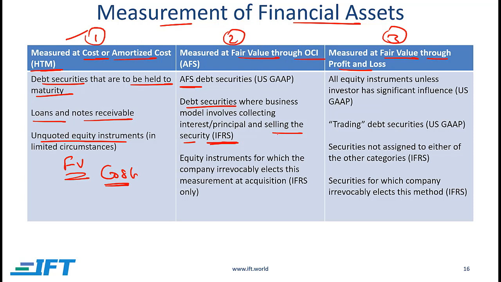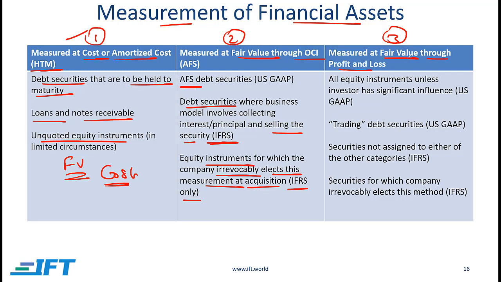In other words, we don't intend to hold the security to maturity. This method is also used for equity instruments for which the company irrevocably elects this measurement method at acquisition. So when buying a particular stock, the company elects that fair value through OCI will be used, and this option is only available in IFRS.